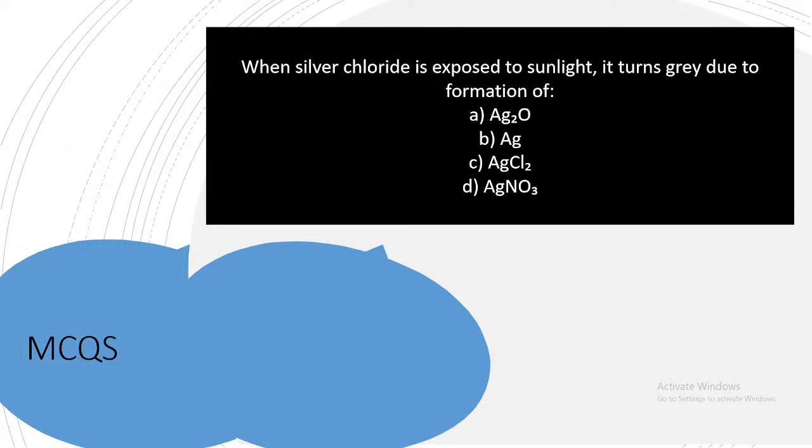So it's a decomposition reaction, right? This is a common question, either for silver chloride or silver bromide. That is a photochemical decomposition reaction. So silver chloride in presence of sunlight, what do you get?